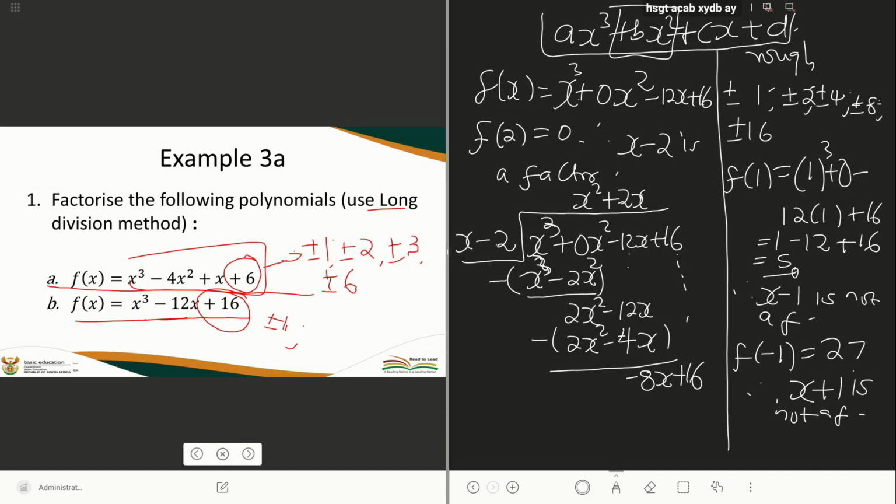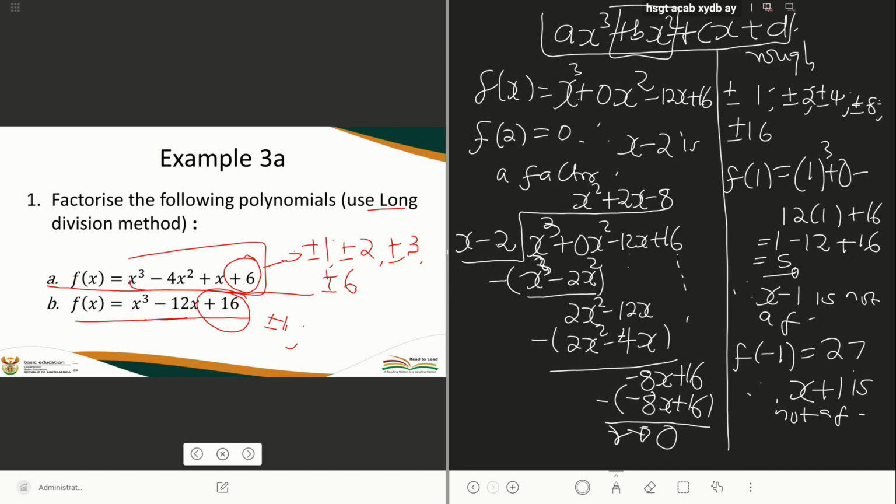Right? X into negative 8x goes how many times? So it's negative 8. Negative 8 multiplied by x is negative 8x. Negative 8 multiplied by negative 2 is going to be positive 16. Then you subtract your terms together. Negative 8x minus negative 8x is going to be 0. 16 minus 16 is 0. Therefore, your remainder is 0.